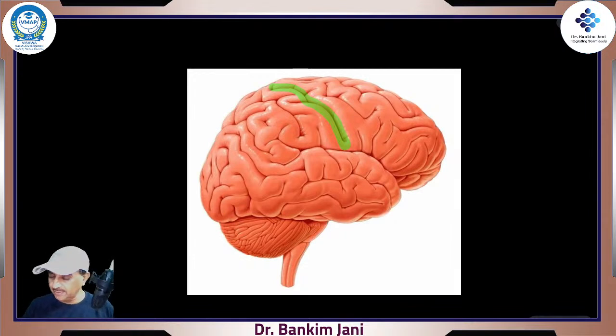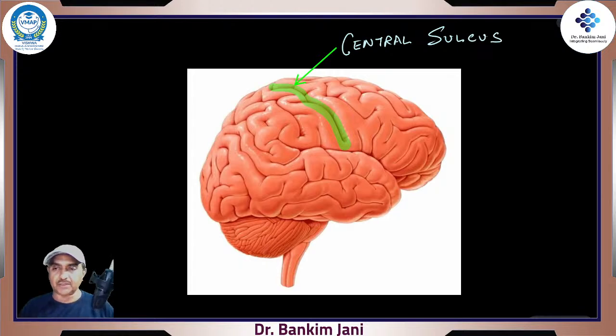So when we see this one, it is very vital, the classical central sulcus. We'll be repeating this order again and again. Every time we'll draw, first we'll see it on this image, then we'll actually draw.